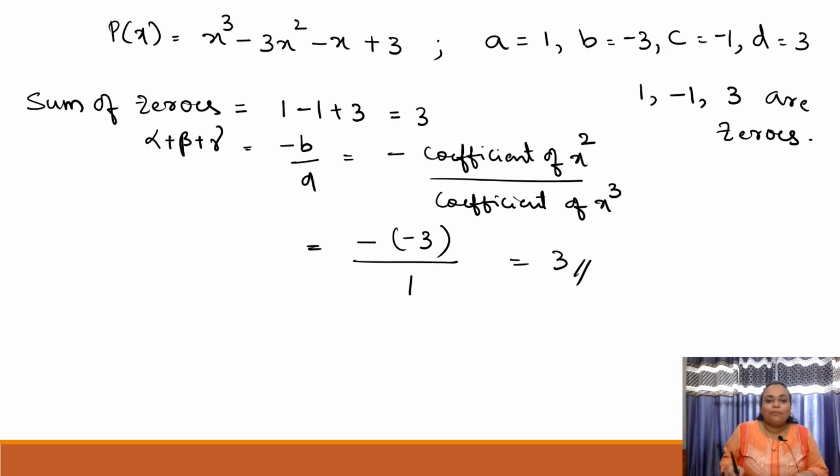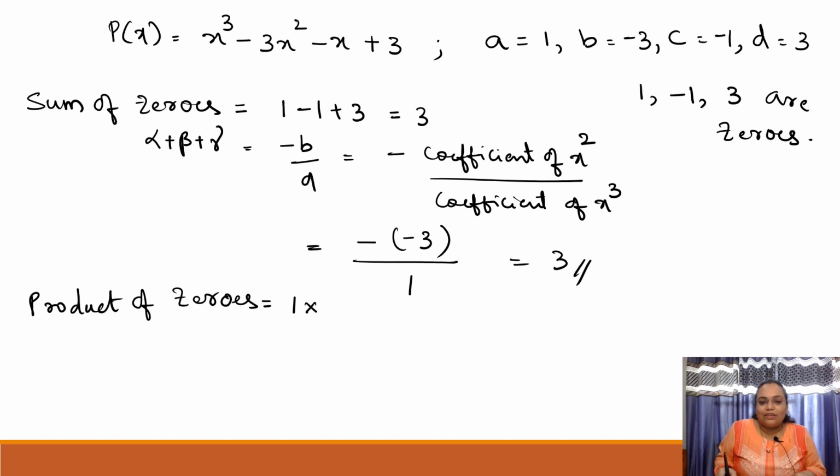Now let us do the product of zeros. The product of zeros is 1 into minus 1 into 3, which is minus 3. Yes, the product of zeros is alpha beta gamma. What is alpha beta gamma? Alpha beta gamma is minus d by a. What is minus d?